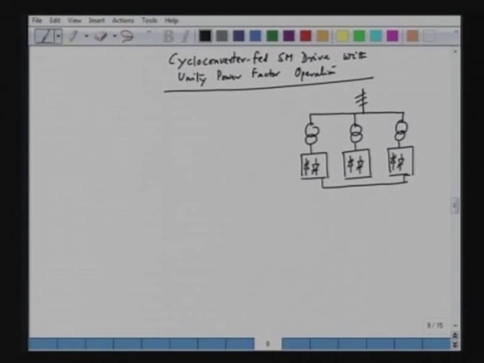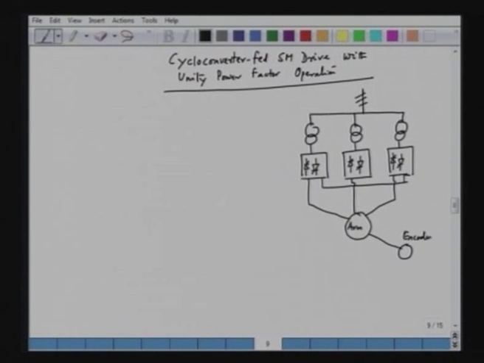And then we feed the armature of the synchronous machine. We also have an encoder for the position feedback. So, this is our encoder.